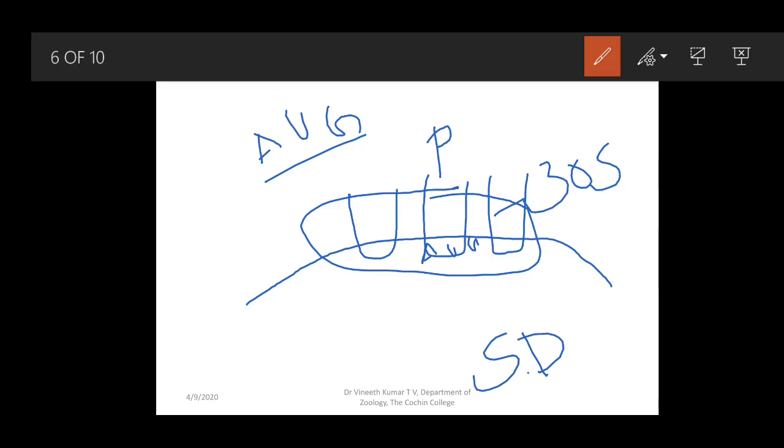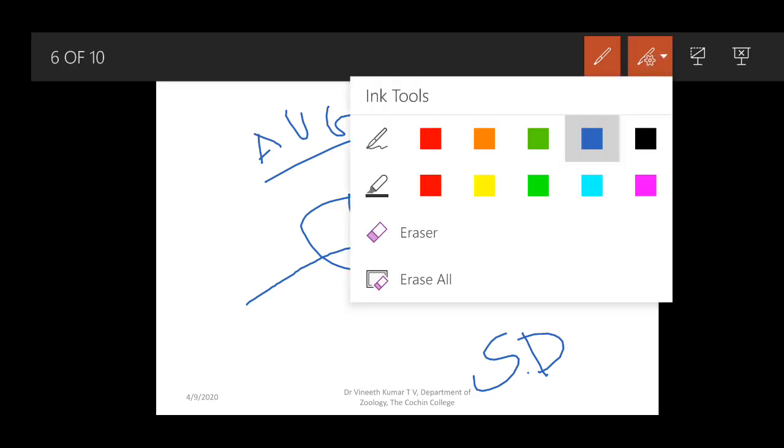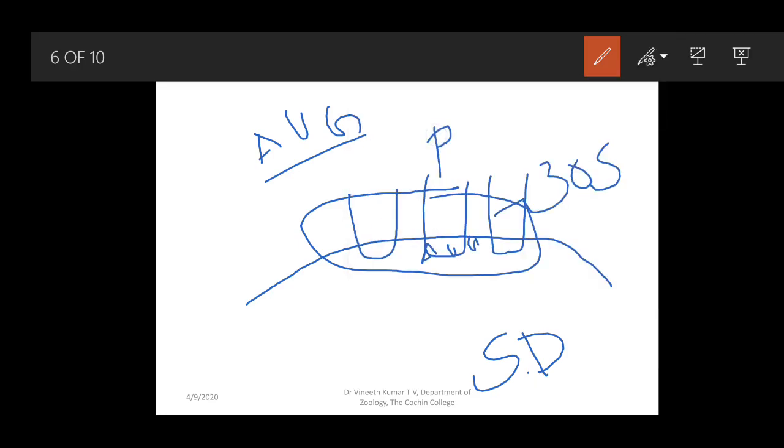What does this Shine-Dalgarno sequence do in placing this AUG at the correct site? As we said earlier, there is a single ribosomal rRNA in the smaller subunit, which is the 16S rRNA. You can see the 16S rRNA inside this smaller subunit.